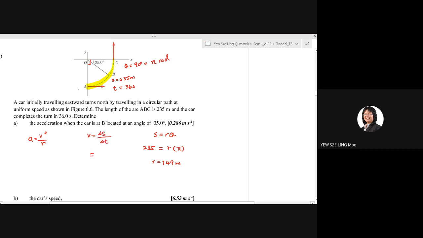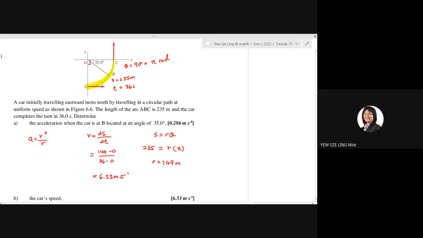Let's say your object starts from A, where S equals 0, until point C, where S is 235. So 235 minus 0 divided by 36 seconds minus 0. Therefore you have v equals 6.53 m s^-1.